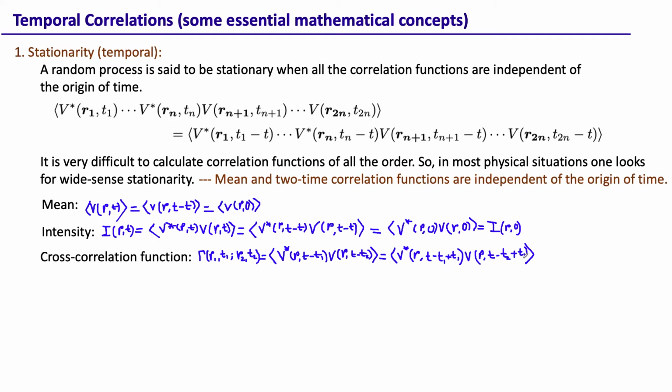Now, this is basically equal to V star R, sorry, it is not 0, it should be T. Minus T1 plus T1 goes away, so what we end up with is T, and this one is V R, T minus tau, where tau is T2 minus T1.